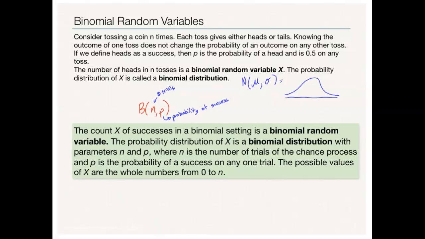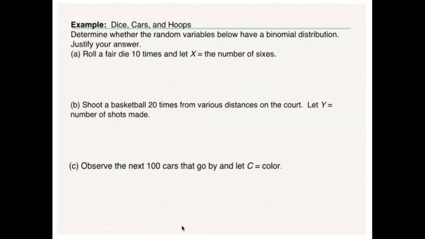So now we'll take some baby steps into an example. First thing we're going to do is just try to identify if the setting is binomial or not. I'm going to give you 3 settings, and we're going to check to see if it's binomial or if it's not, if it's just a random variable. A: roll a fair die 10 times and let x be the number of 6s.